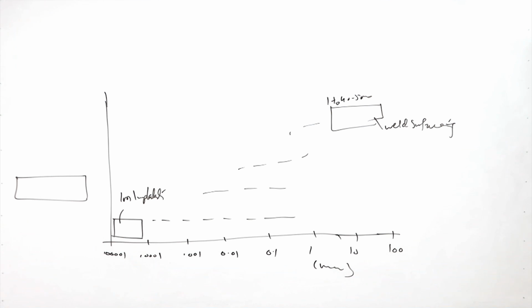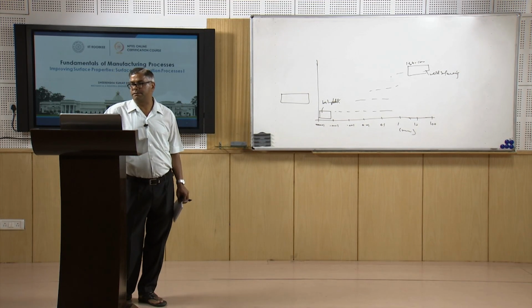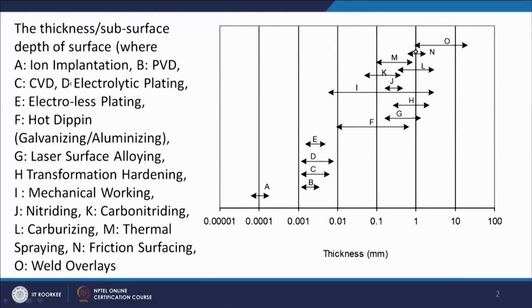What we can see here is that the thinnest surface modification is possible by process A, that is ion implantation. Then processes B and C, having a very small depth of modification, are physical vapor deposition and chemical vapor deposition.